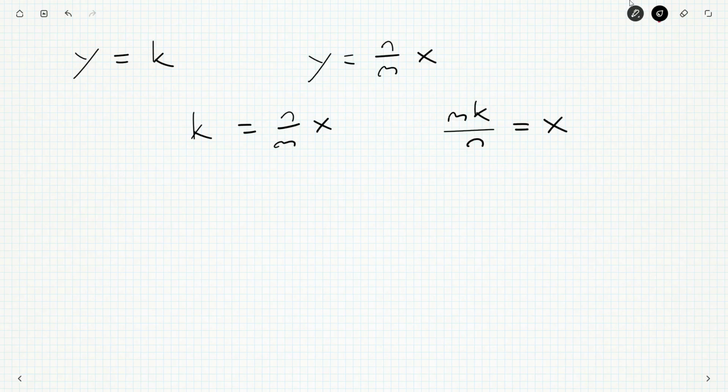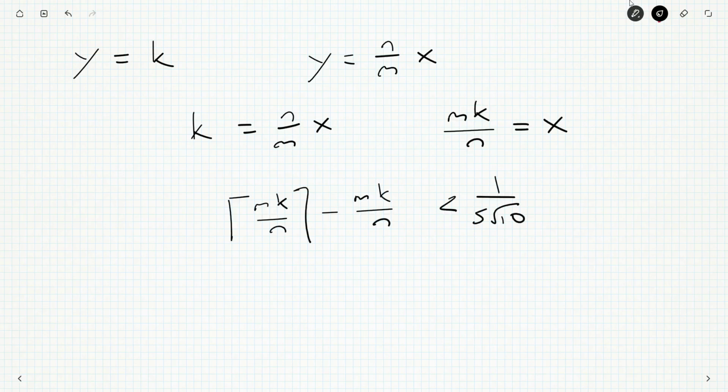And I want this, when I round it up, to be within, so the next biggest integer minus this value has to be less than 1 over 5 root 10. This is the equation I need to have satisfied.